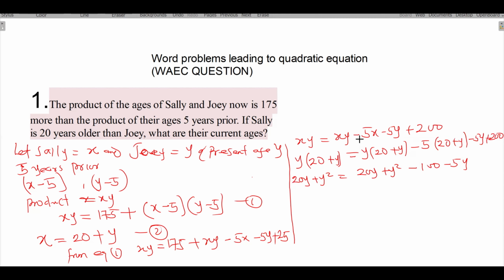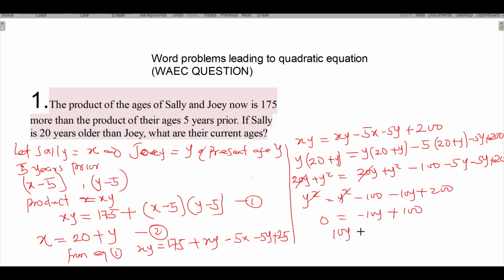That's XY. Minus 5 times (20 plus Y) minus 5Y, I have another 5Y, plus 200. So that means 20Y and 20Y, you have Y squared equals Y squared minus 100 minus 10Y plus 200. Y squared again cancels. So if you collect like terms, you have 0 equals minus 10Y plus 100.